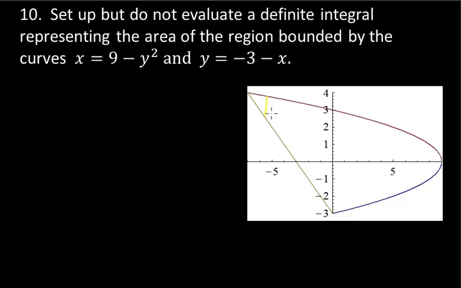But as I went over to this area, the top would be on the parabola and so would the bottom. So we wouldn't get a representative rectangle that would work all the way across. So instead, in this example, I want to choose my rectangles horizontal, because no matter where I draw the rectangle, here, here, or down here, the left tip is on the line and the right tip is on the parabola.